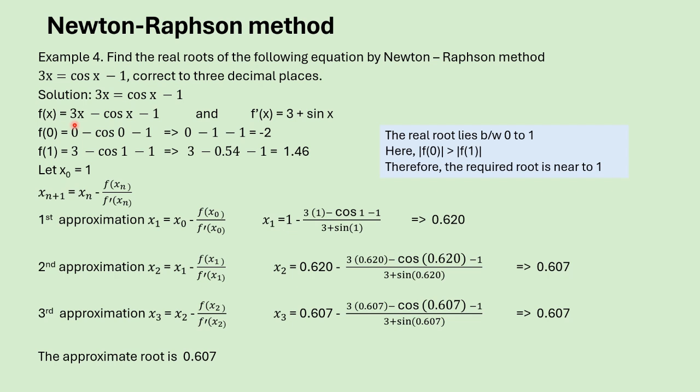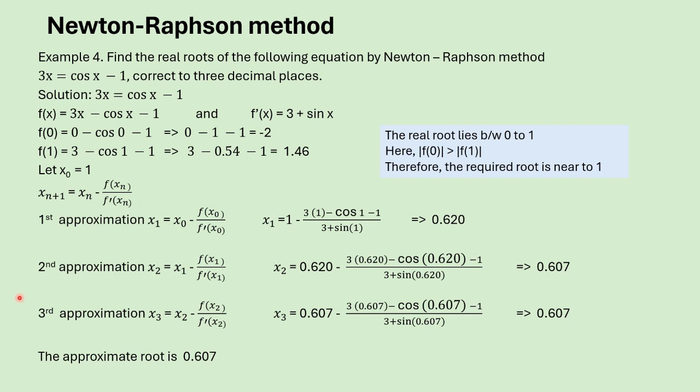So we'll get 3 times 1 minus cos 1 minus 1, divided by f dash, where we put x naught, which is 1: 3 plus sine 1. On simplification we get this. Remember, while using the calculator you have to turn it into radian mode.